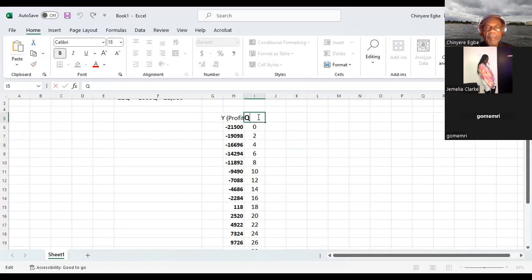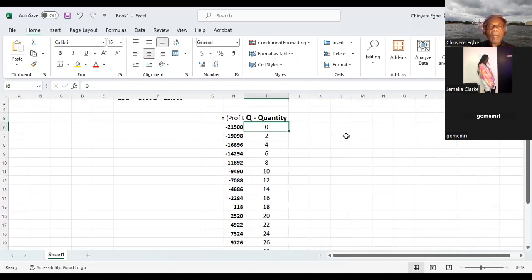This is your quantity of output. All right. So when you produce nothing, you lose money. You produce 2, you're losing money. You produce 4, you're losing money. Produce 8, you're losing money.